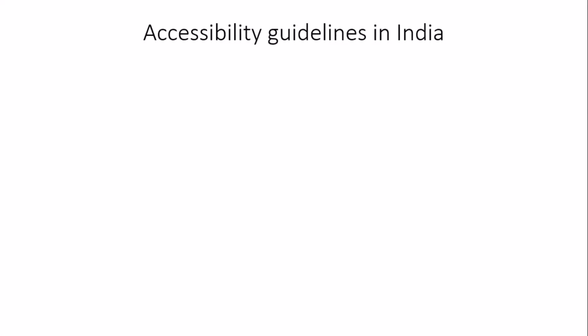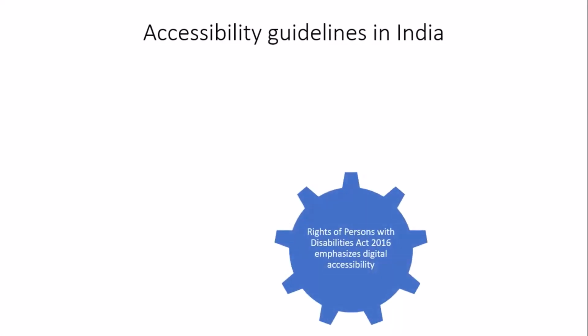In the United States, the accessibility guidelines are very strictly followed, and in case they are not followed, there have been lawsuits filed. So it is very seriously followed in the US.